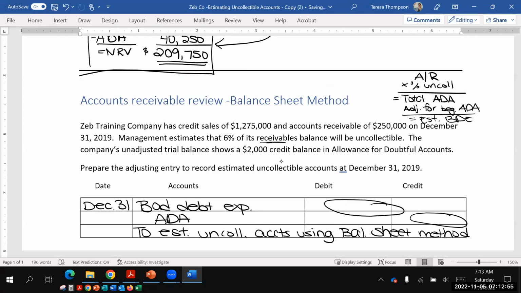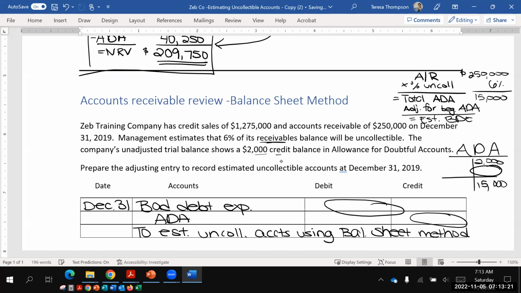Start with your AR balance, $250,000. They tell you it's 6% uncollectible. Or $15,000 even. Now remember, this number, not your journal entry, it's what you want to end ADA with. You want to end with 15. You have 2,000 credits already in there.